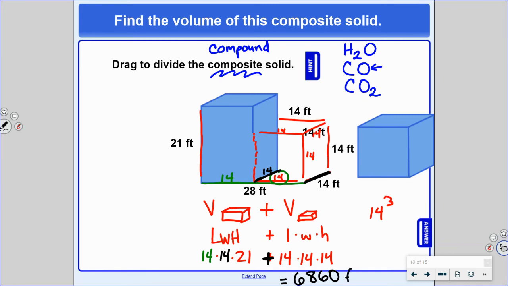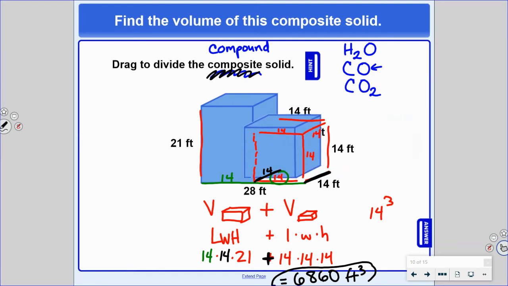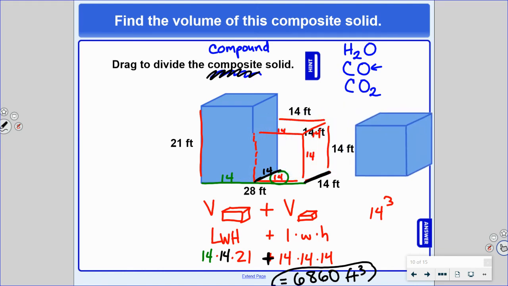And of course we're talking cubic feet as the final volume. So that is what I believe to be the challenge for the day, composite figures. When you have more than one figure, you have to be able to visualize, you could even redraw it. I like to write the formulas like this so you can see a big volume, a little volume, and of course we needed to add these up.